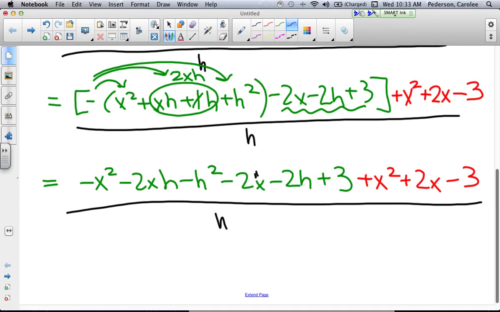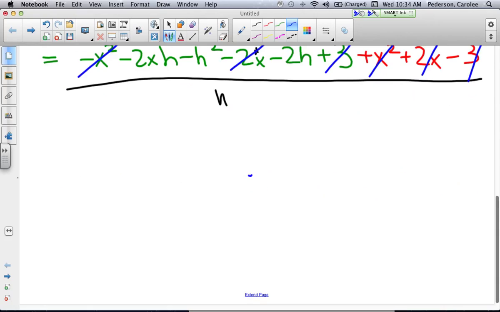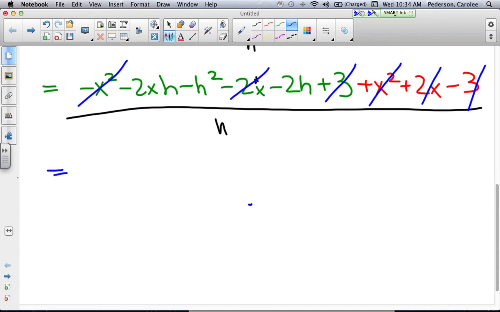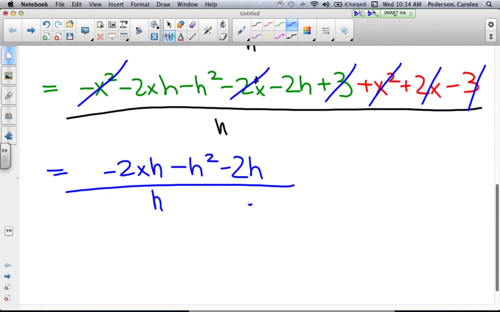Now let's see what things can cancel. This negative x squared and this x squared cancel. Negative 2x and plus 2x cancel. 3 and negative 3 cancel. And now what you're left with in the numerator is negative 2xh minus h squared minus 2h all over that same h.